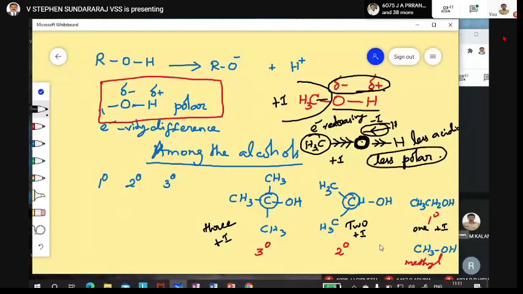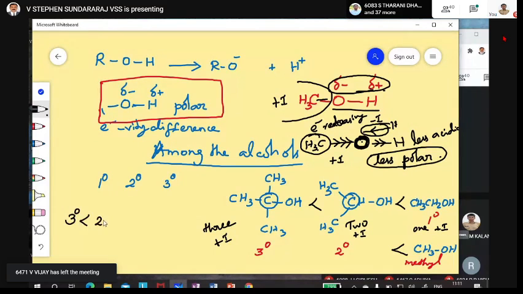That means, which is the stronger acid? Write down: tertiary alcohol is the weakest acid, then secondary, weaker than primary, and then methyl alcohol.